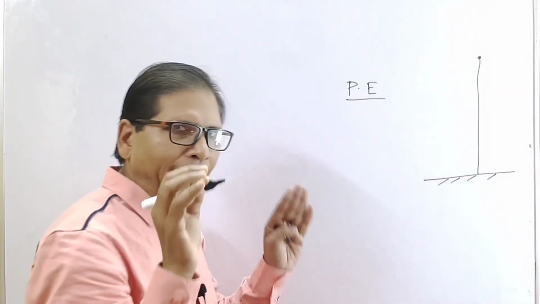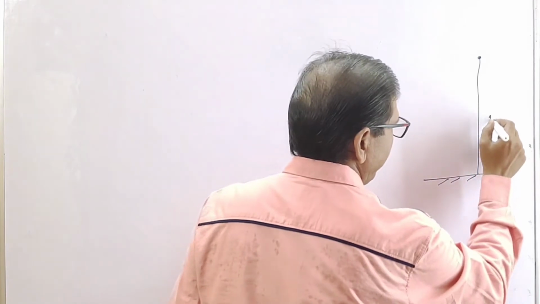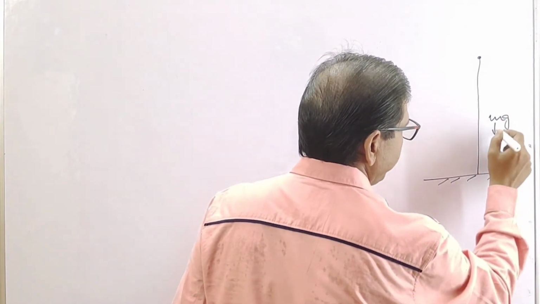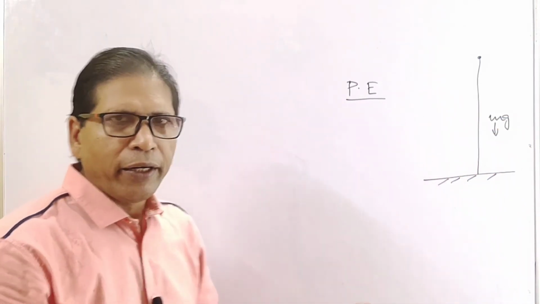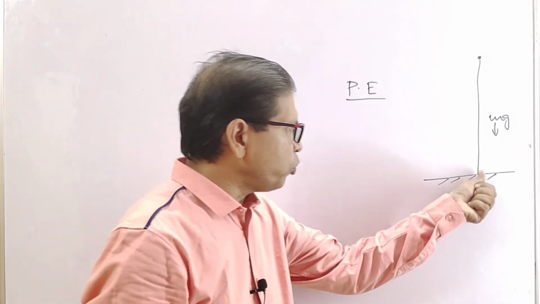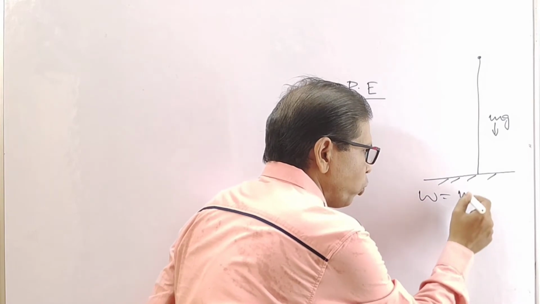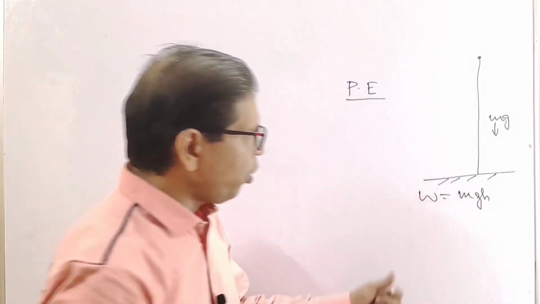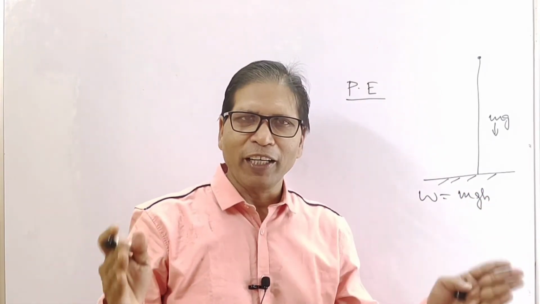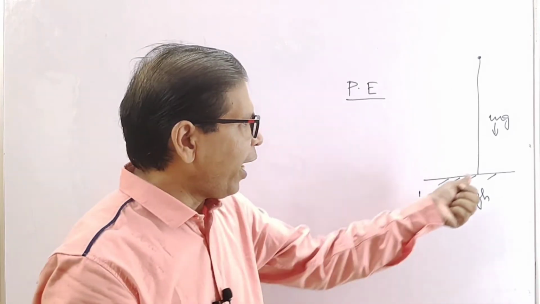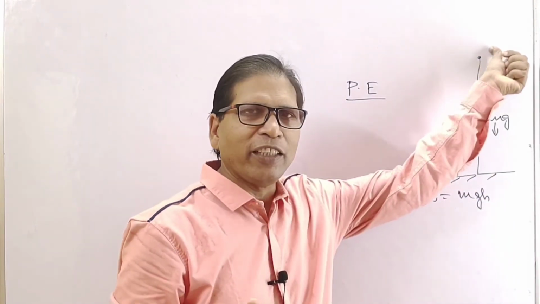So the force acting on the particle of mass m is mg in the downward direction. So work done by an agent to move from this position to height h is W equals mgh. Therefore potential energy of the body due to its position at a height h is mgh.